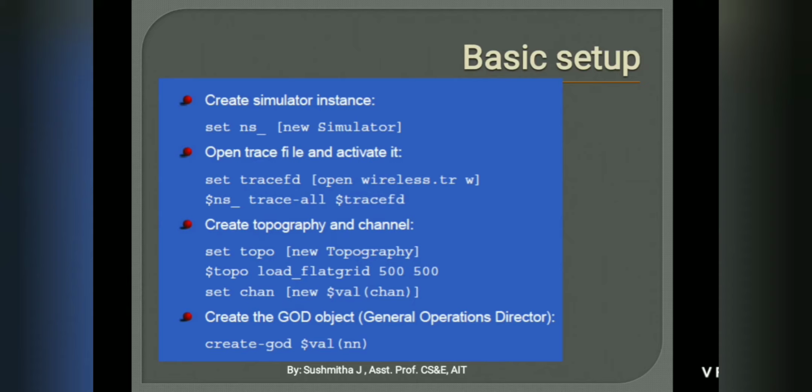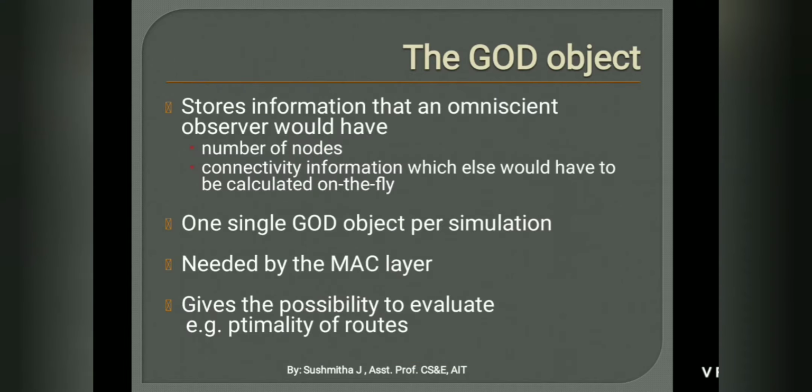And the other and the most important thing that we have is your GOD object. So, what is GOD? It is General Operations Directory. Now, let us see the purpose of your GOD. This is also an object that is used to store global information such as the status, the environment, the network, and the number of nodes that it has.